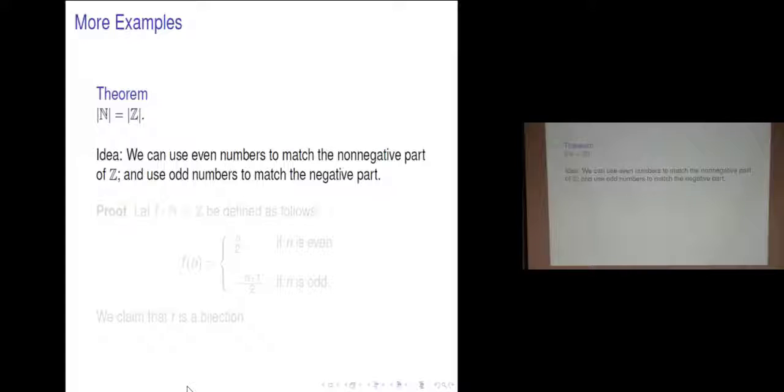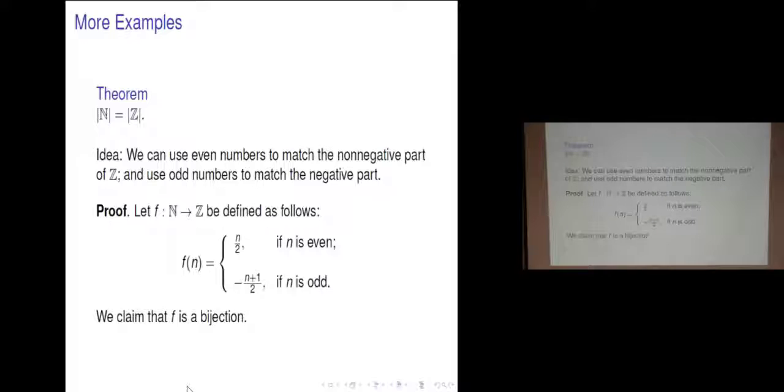So what we do is we ask the people occupying the natural numbers, if you are in room N, move to 2N. Suddenly all the odd numbers are empty, and then these negative numbers will enter the odd numbers. That's the idea. Mathematically, we have to define a function which is a bijection.